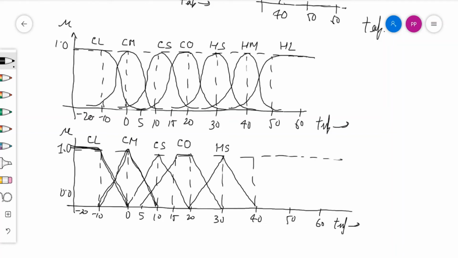Then further we go for 30 to 50, and this is hot medium. Then the last one will go from 40 to 50, then it will have a flat configuration for high temperature. So this can be given the nomenclature hot large.